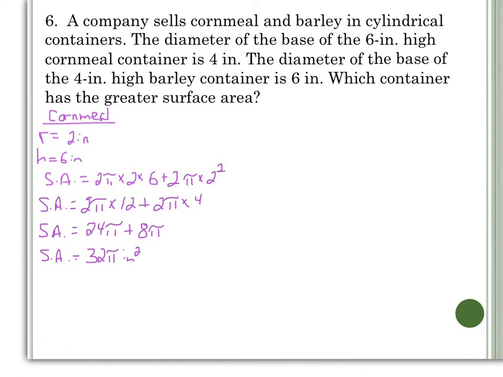Okay, now let's find the surface area of the barley. All right, so our radius is 3 inches, half of our diameter, and our height is 4 inches. So surface area equals 2 pi times radius times height plus 2 pi times radius squared.